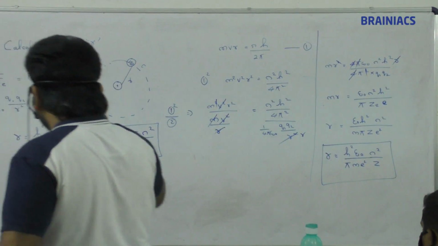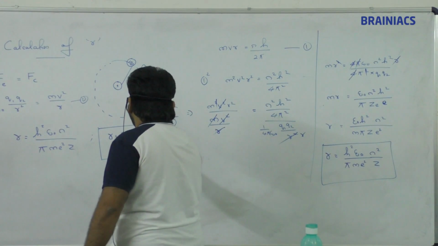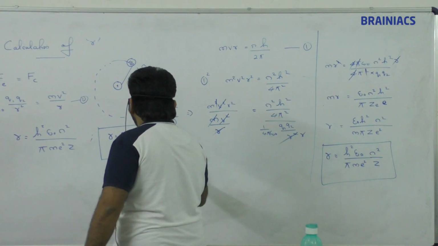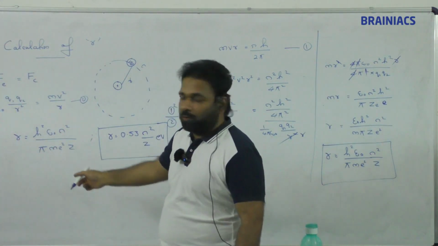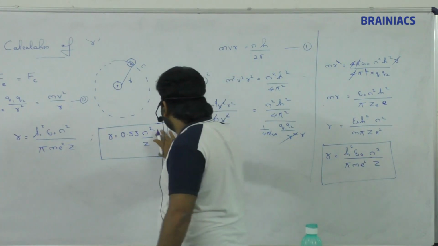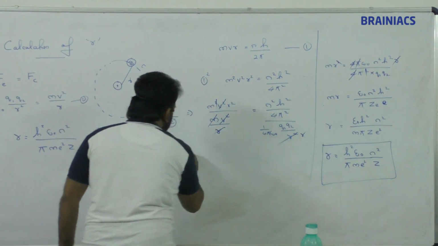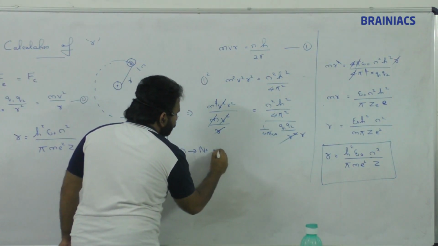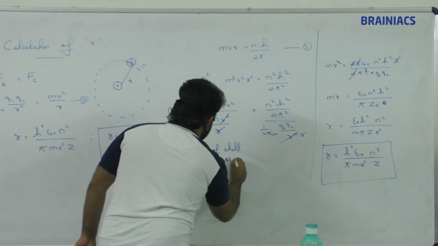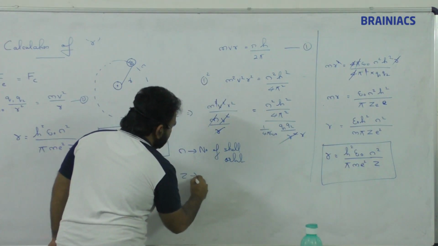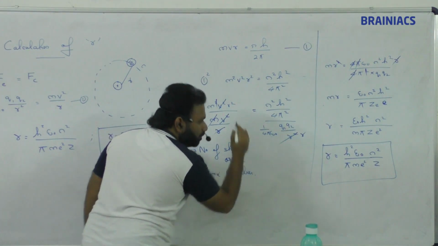What we need to remember is 0.53 n square by z Angstrom, and here n is nothing but the number of the shell or orbit, and z is the atomic number. Clear? Easy, no?